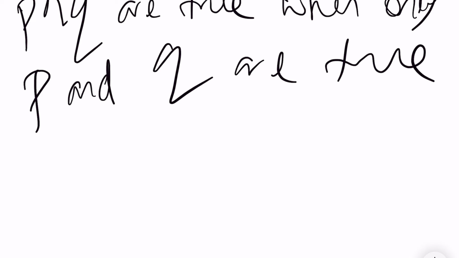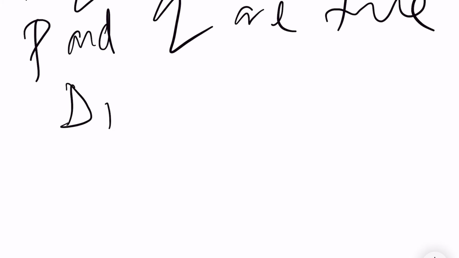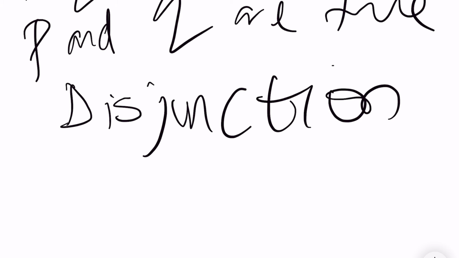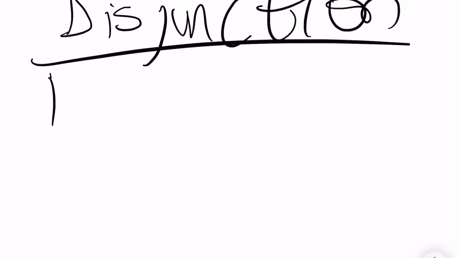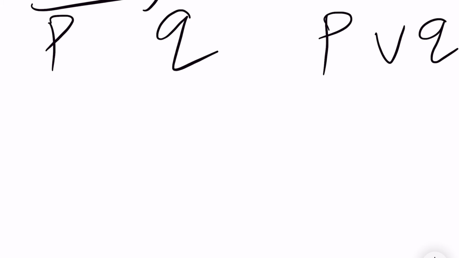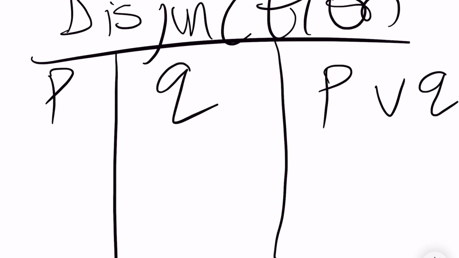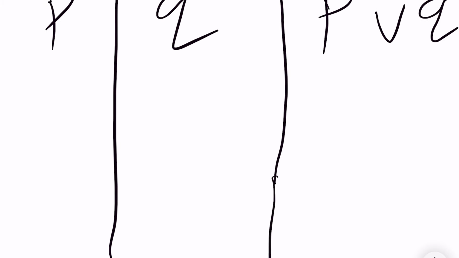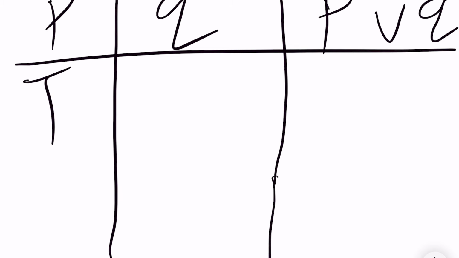Now, for disjunction, we have P, we have Q, we have P or Q. We have true, true; true, false; false, true; and false, false.